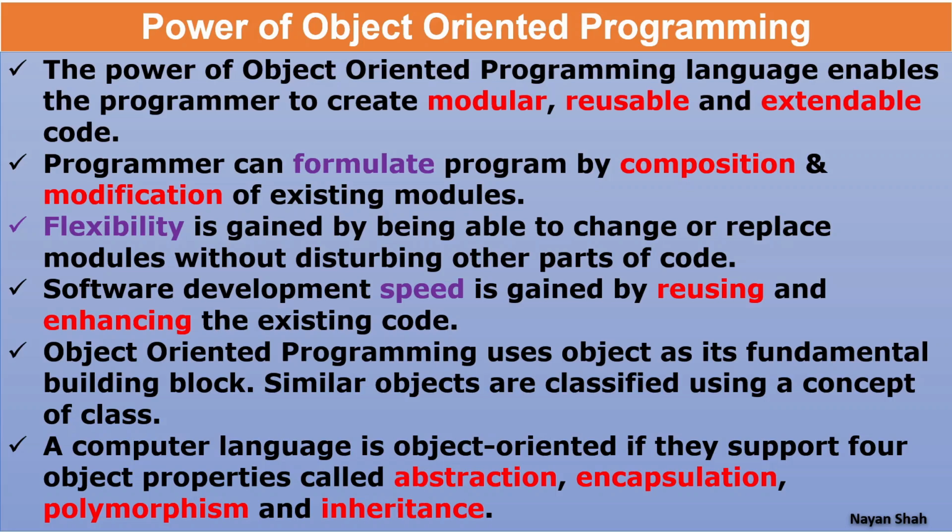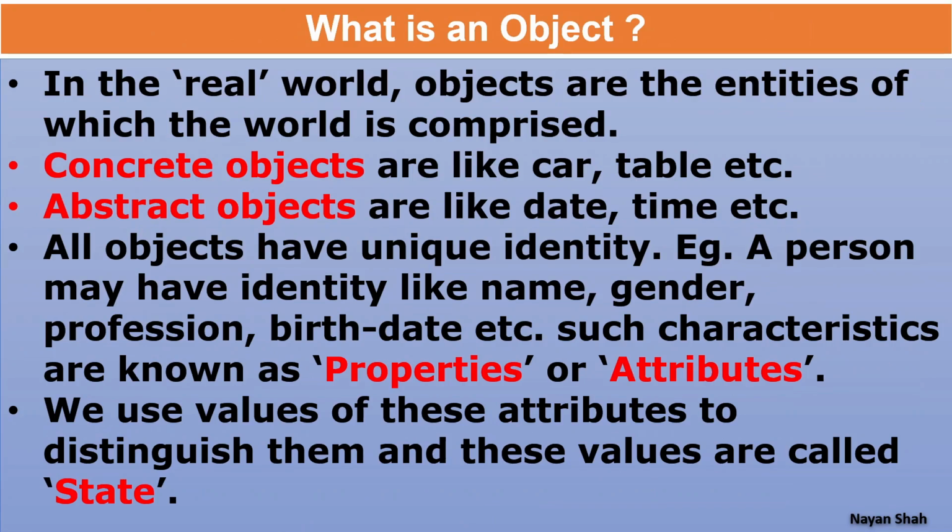A computer language is called an object-oriented programming language if it supports abstraction, encapsulation, polymorphism, and inheritance. If any programming language supports these four properties, then that language is considered object-oriented. Now we will learn in detail what abstraction, encapsulation, polymorphism, and inheritance are.